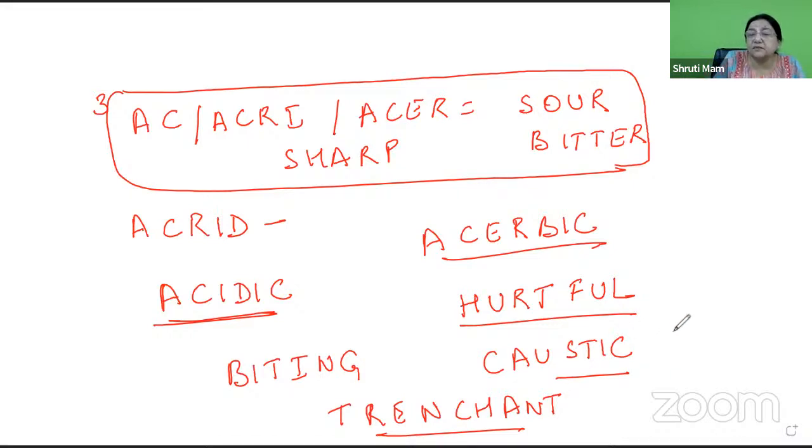From here, another word we can do is acrimony. Acrimony means there is bitterness in relations. There was acrimony between the two Ambani brothers, an acrimonious relationship. They were not on the same page.